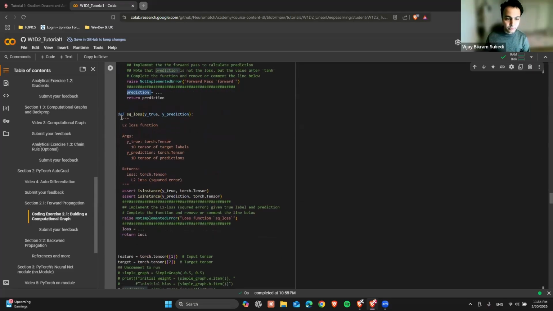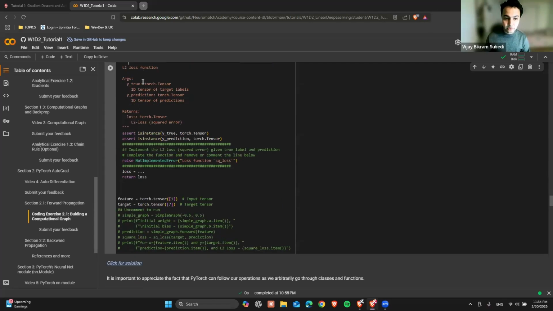Then we define another function called square loss function, where our function parameters are y_true and y_prediction. y_true and y_prediction are both 1D tensors. y_true is our ground value and y_prediction is our predicted value from the forward pass. Both of these are instances of torch tensor.